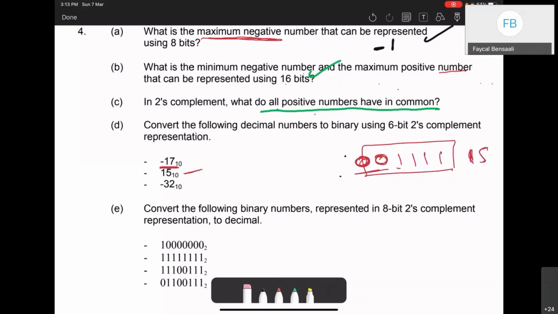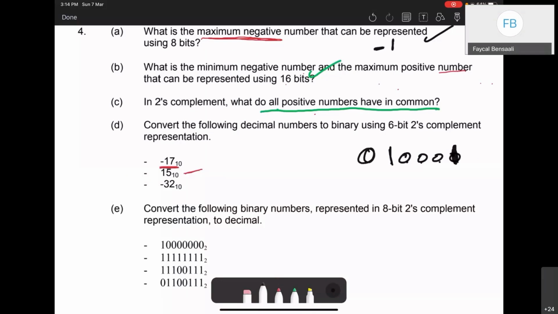Now the negative value, minus 17. We need to find 17 first. What is 17? This is 16, right? And then we add 1, which is 17. But we are working with 6-bit, so I have to add 6 bits. 1, 2, 3, 4, 5.